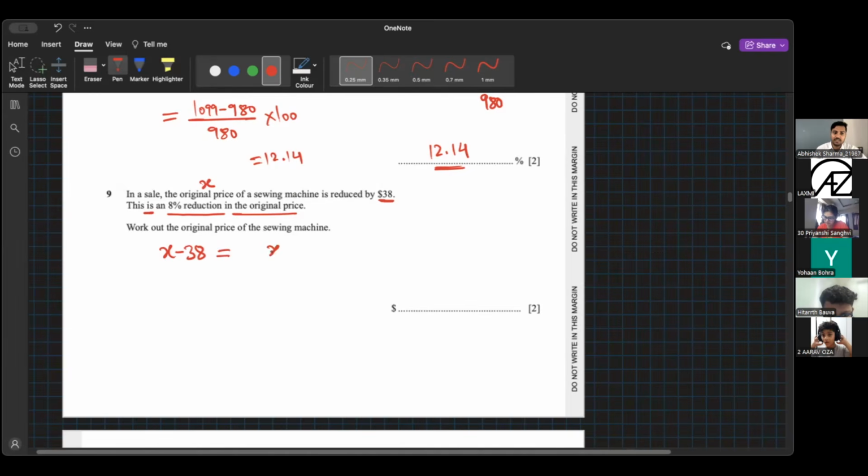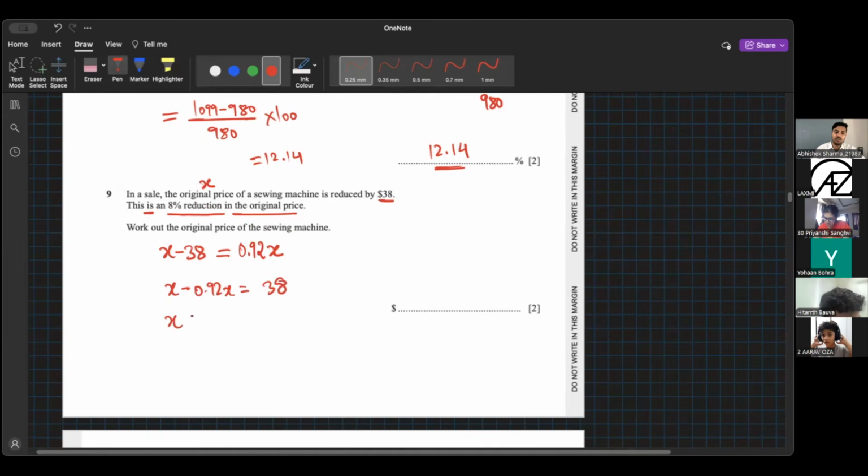Original price is X. 8% reduction means what will be the multiplier? 0.92 will be the multiplier, because it is an 8% reduction. So 0.92 will be the multiplier. Now we can figure out the value of X. We can write X minus 0.92 of X equals 38.